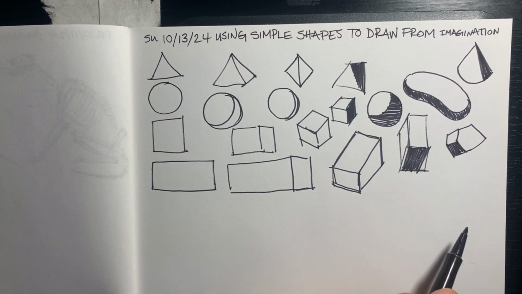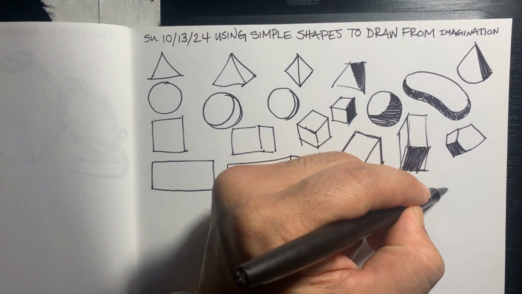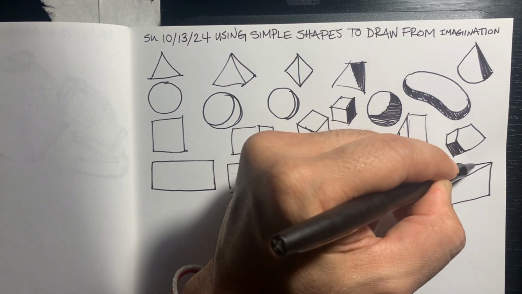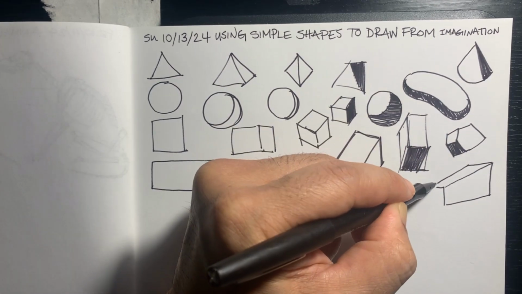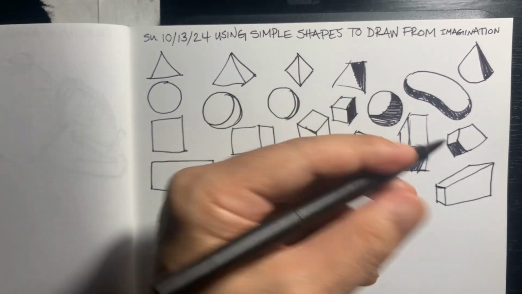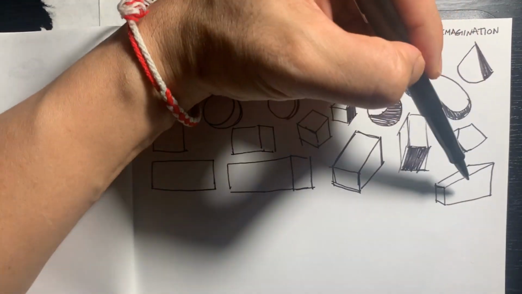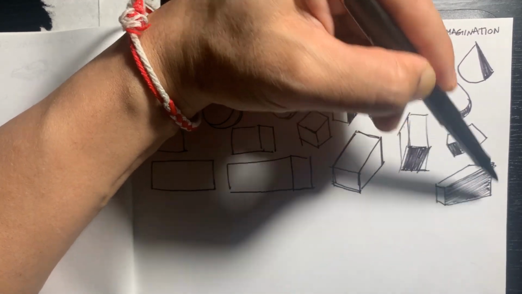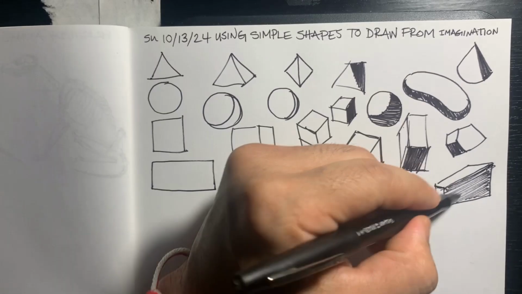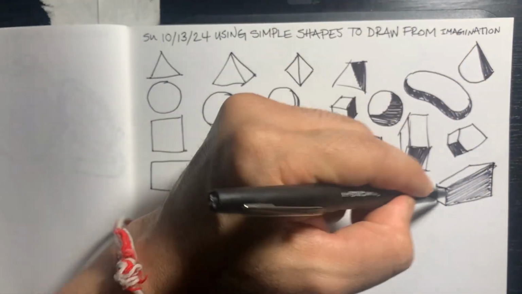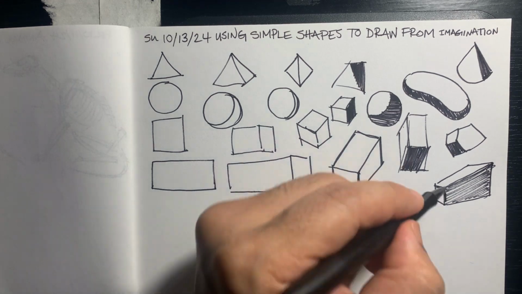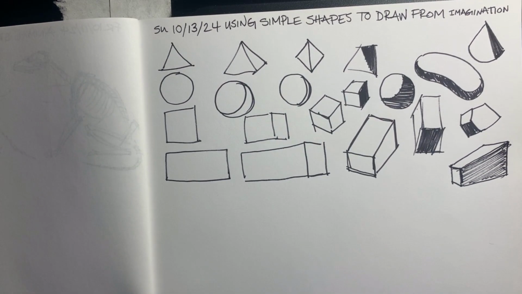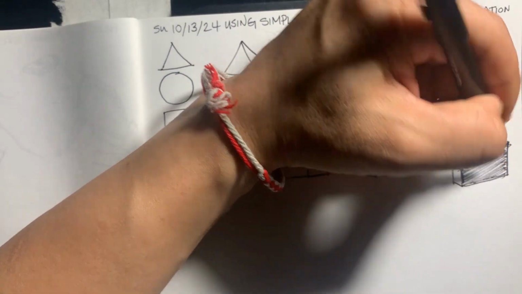And then for a rectangle, maybe just change the shape of it. So it's good to practice your line work and your shading. You can use a pencil or a color. So yeah, pretty much everything is going to be built off of this.